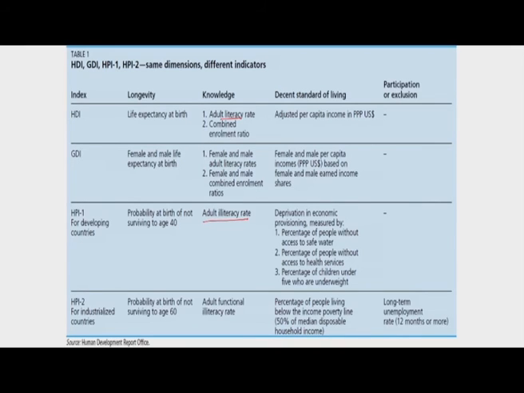Similarly, HPI-2, which is computed for the industrialized countries, has a longevity indicator of probability at birth of not surviving to age 60, which is slightly higher for the industrialized countries. The knowledge indicator is adult functional illiteracy rate. Now the term functional here is interesting. This basically means that it is trying to measure the education skills of people within a country who are able to write a simple statement about their everyday life with some understanding.